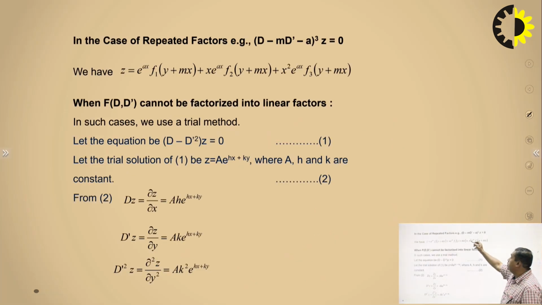Now, if the equation has repeated roots, (D minus m D dash minus a) whole cube z equal to 0, there are three roots.